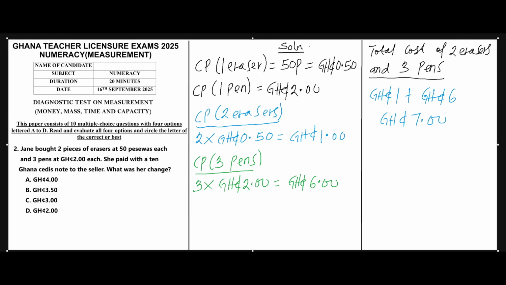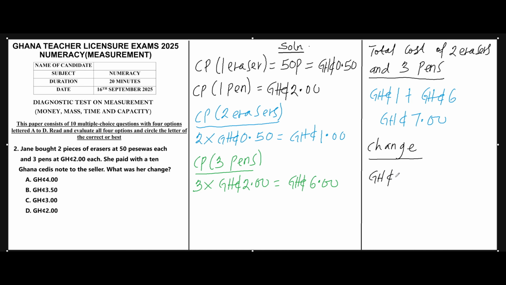But we know that Jane paid with 10 Ghana cedis notes. So the total cost of all the items she bought was 7 Ghana cedis. Now she is paying with 10 Ghana cedi notes, so we want her change. Her change will be the difference.